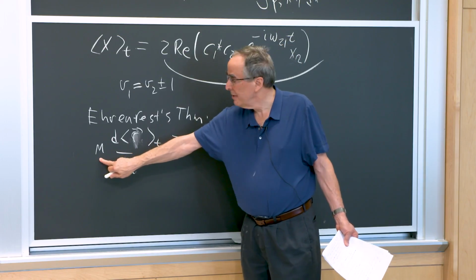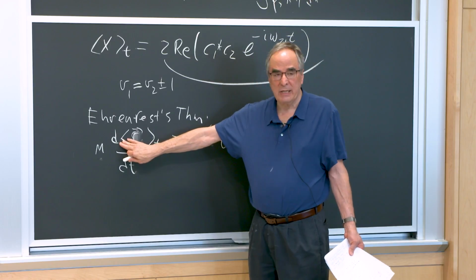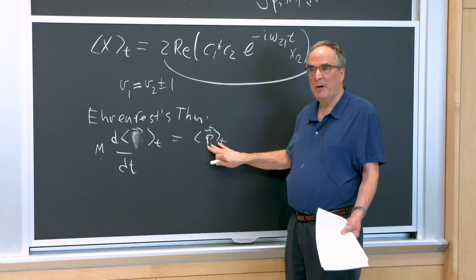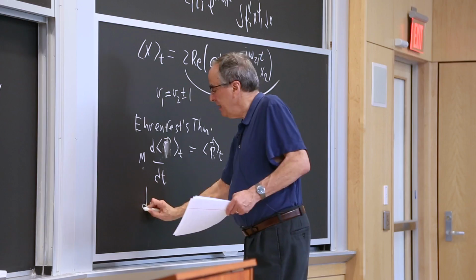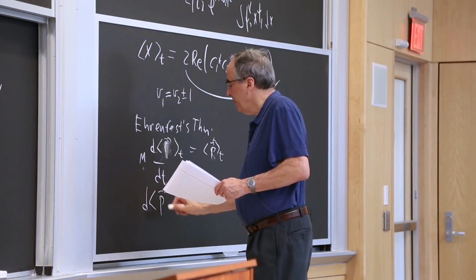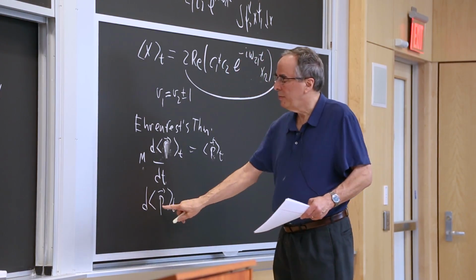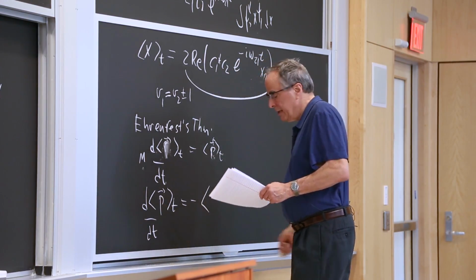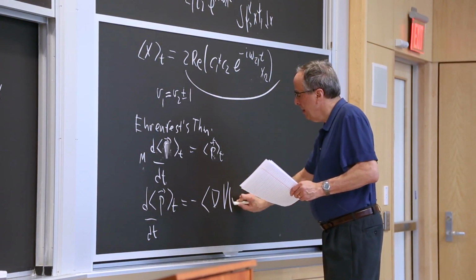Velocity times mass is momentum. And so we have a relationship between the expectation value of the position and the expectation value of the momentum. And that's Newton's first law. And then there's another Newton's equation translated into quantum mechanics. So we have the derivative with respect to time of the expectation value of the momentum is equal to minus the expectation value of the gradient of the potential.